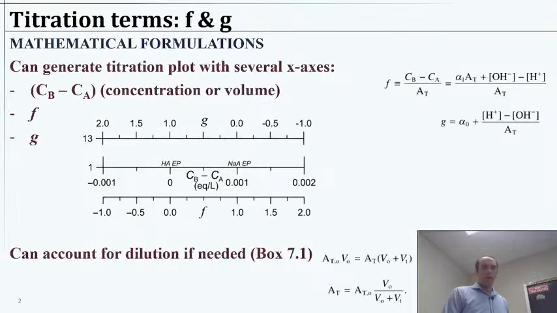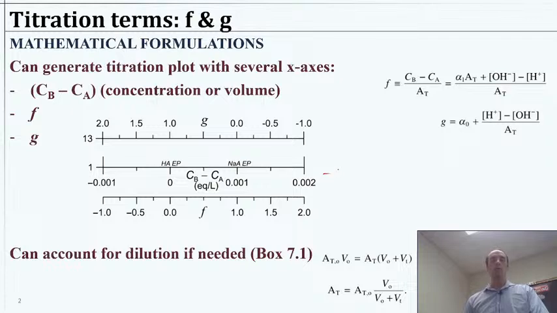Okay, just a little more elaboration here, kind of showing it. We can essentially use these to get 3 different axes, right? We can put 3 different x-axes at least. We could also put the strong base added.